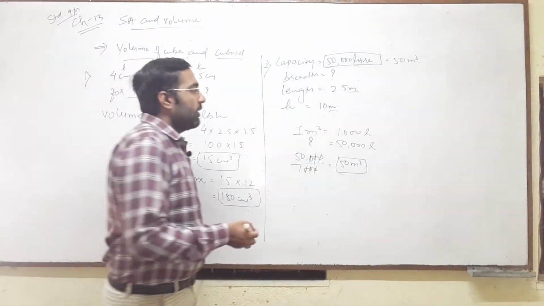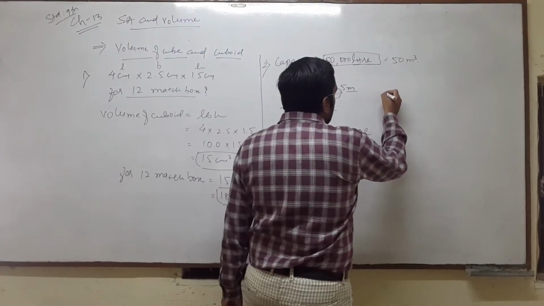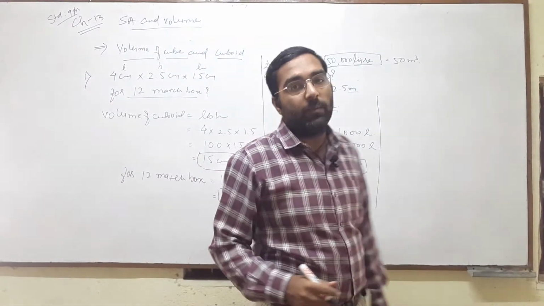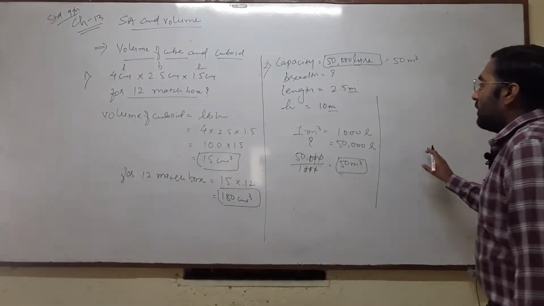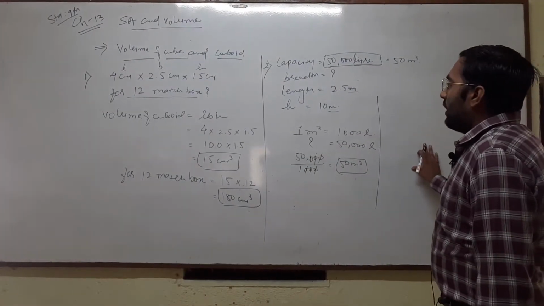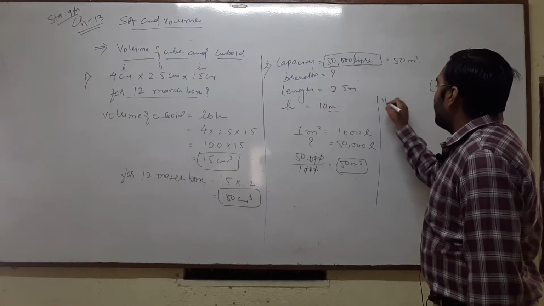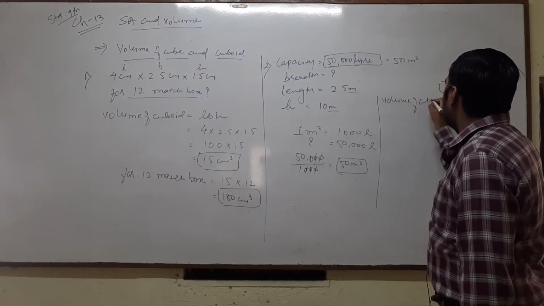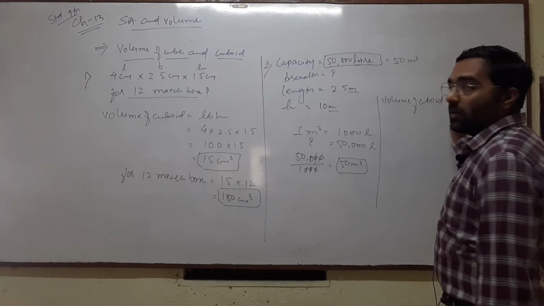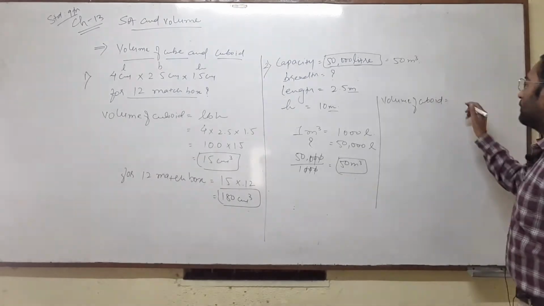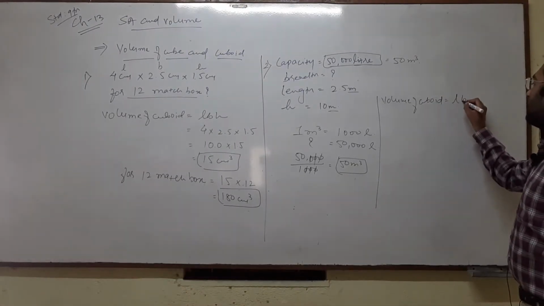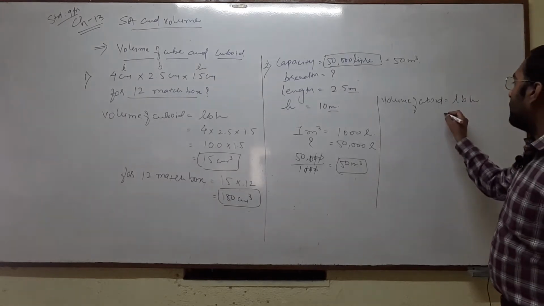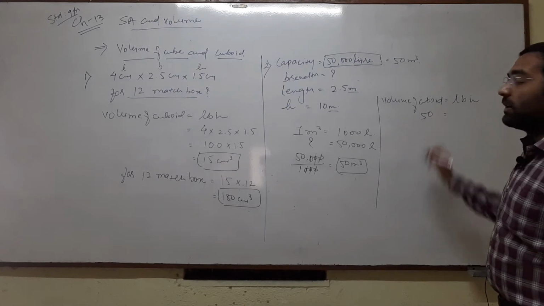Now I'll take the formula to find the volume of the cuboid. Volume of cuboid is equal to length into breadth into height. Volume is given, that is 50 meter cube.